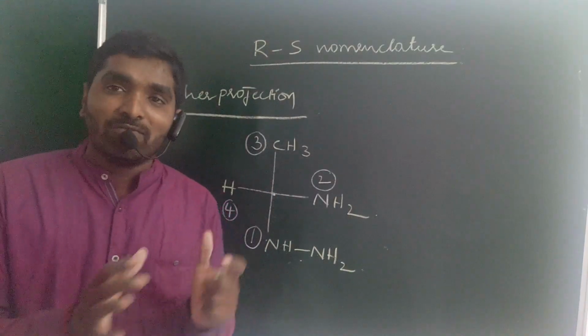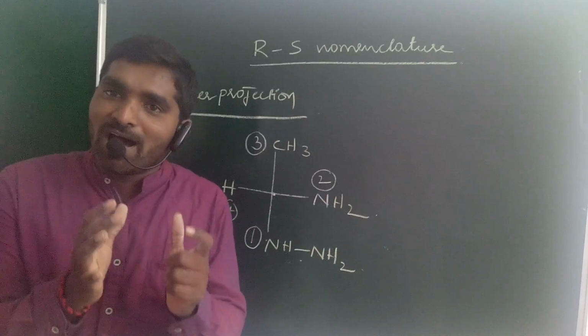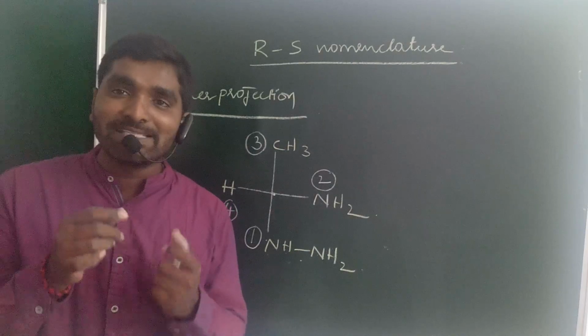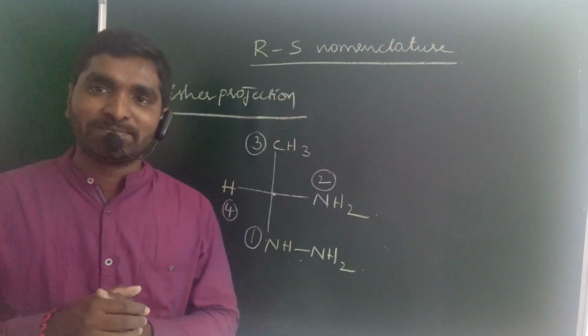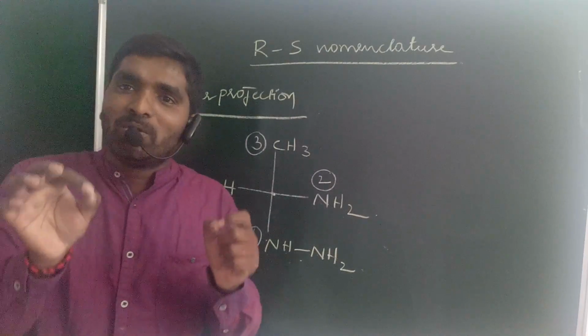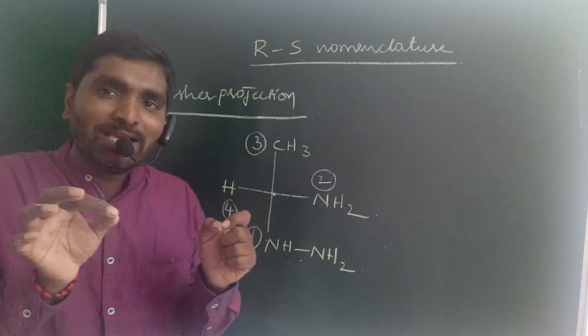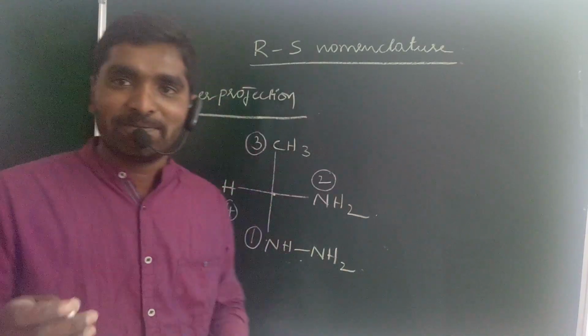According to the CIP rules, priority order is given to the compound. How can you find whether this compound is R or S? R means rectus, right hand side. S means sinister, that means left hand side. We have two simple tricks to find the RS nomenclature.